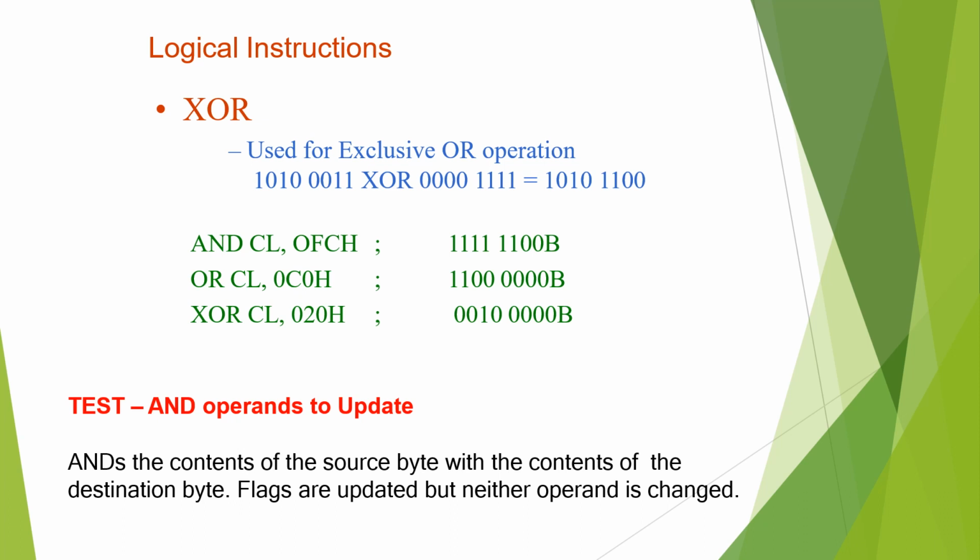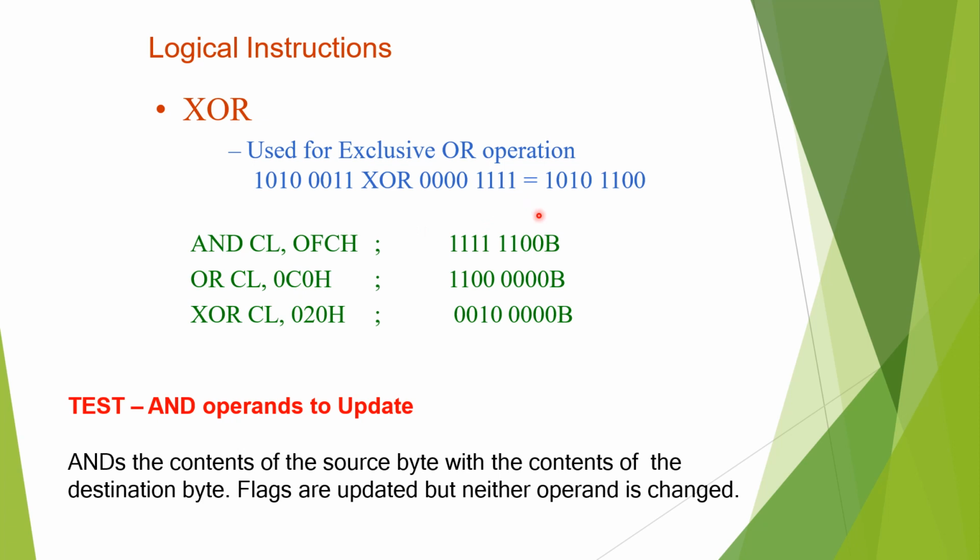So here we have got a number for input 1 and the other number for input 2. Here you can see 1010 0011. It has to be XORed with 0000 1111, which means 0F is XORed with A3. So the output will be, if you are performing in a bitwise manner, LSB and LSB, you can start to compare.